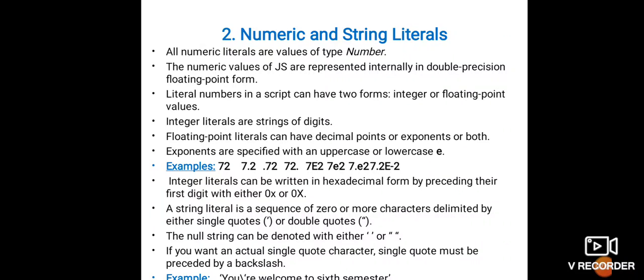These all are valid examples of numeric literals. Integer literals can be written in hexadecimal form by preceding their first digit with 0x or 0X. You can use either lowercase x or capital X.